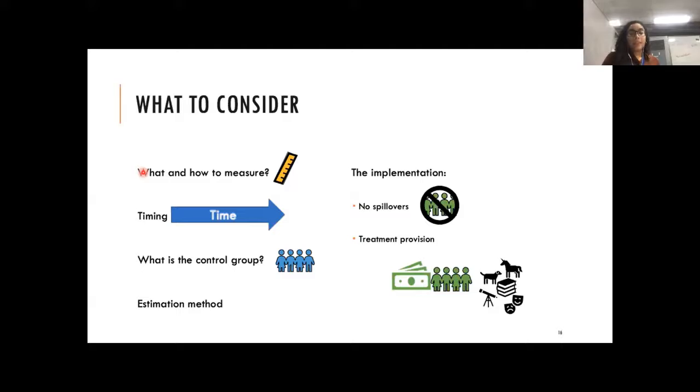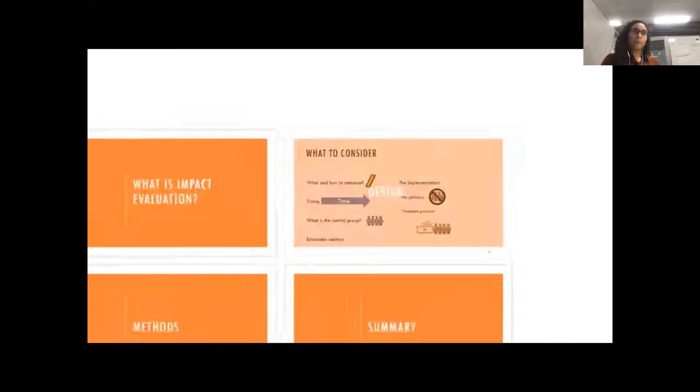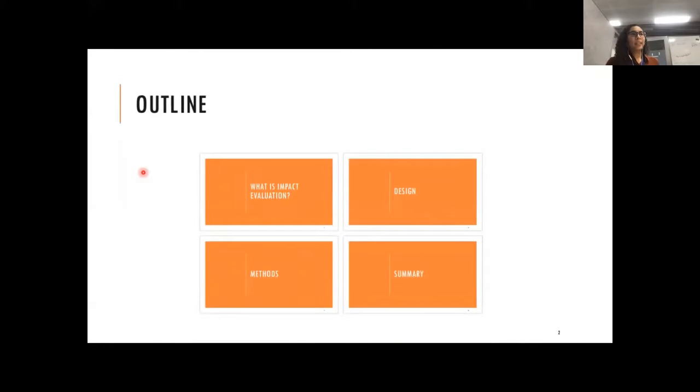And finally, we need to make sure that our treatment is the only thing that is happening to our participants. So we get rid of any other things that could have happened. For example, within school settings, if we're doing an intervention about teacher training, we need to make sure that's the only thing happening to the participants and to the control group.